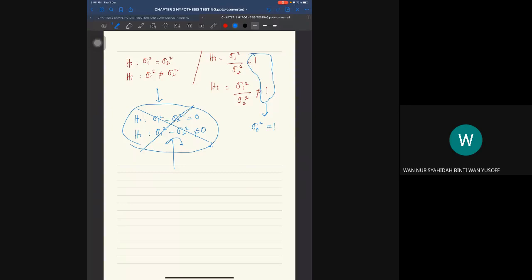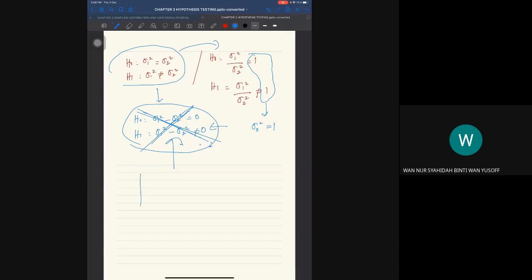So there are only two forms you can write: first this one, and another one in the form of ratio. Definitely not this one. For mu and pi, yes, you can write in this form because for mu and pi we do have a difference. But for this one, it is only ratio.